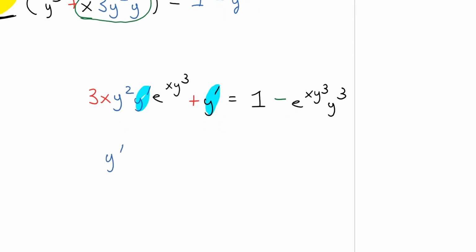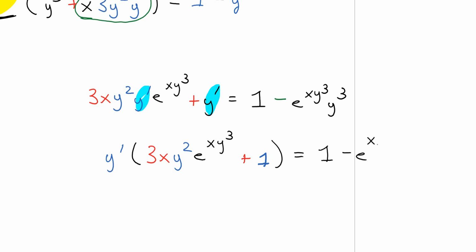So y prime bracket 3xy squared e to the xy cubed plus 1, actually, and then close that bracket off, equals to 1 minus e to the xy cubed y cubed.